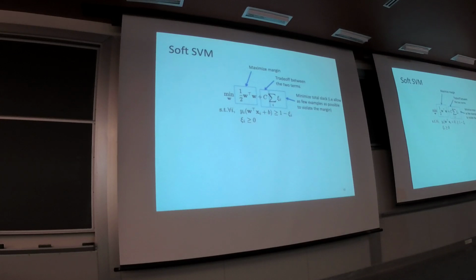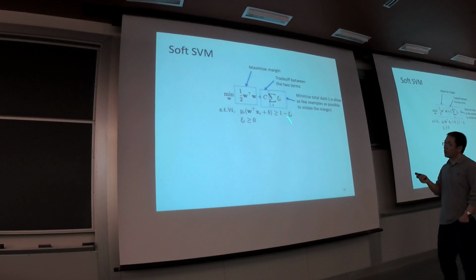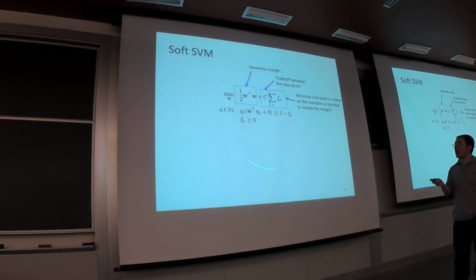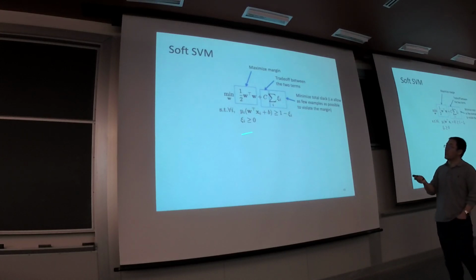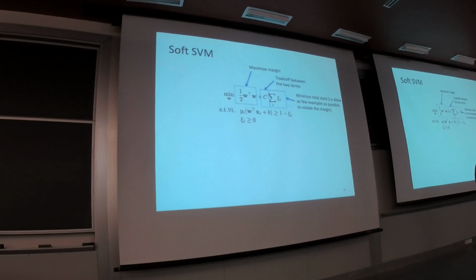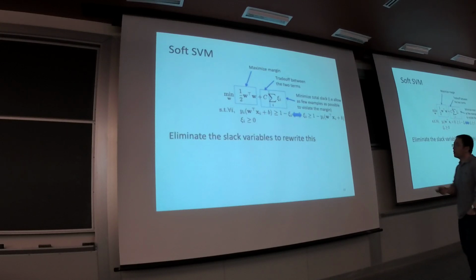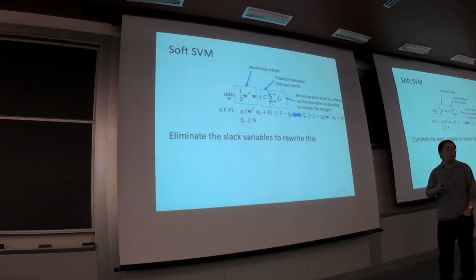And now let us think about whether we can further simplify this optimization problem. Is it possible for us to just eliminate the slack variable? First, we look at each slack variable.